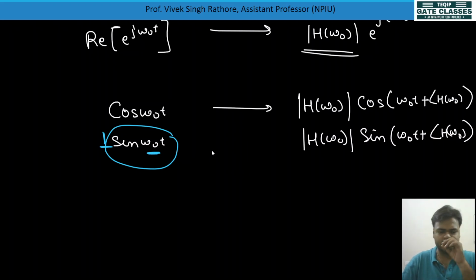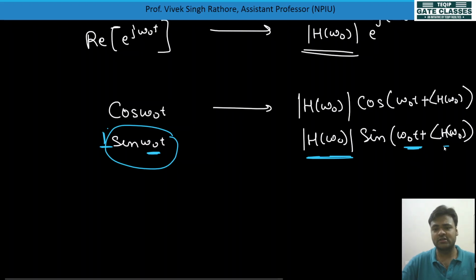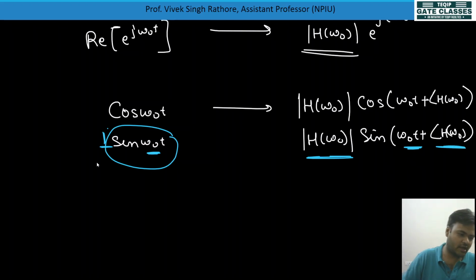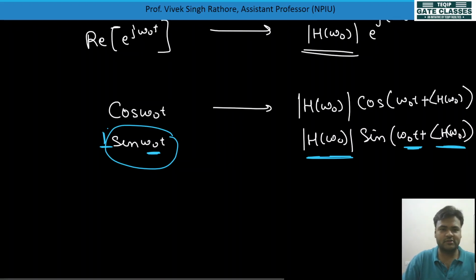Here some magnitude came, because it is multiplied by mod of h of omega naught, and sine of omega naught t has been changed to sine of omega naught t plus the phase of h omega naught. So I am telling you what is changing and what is not changing.